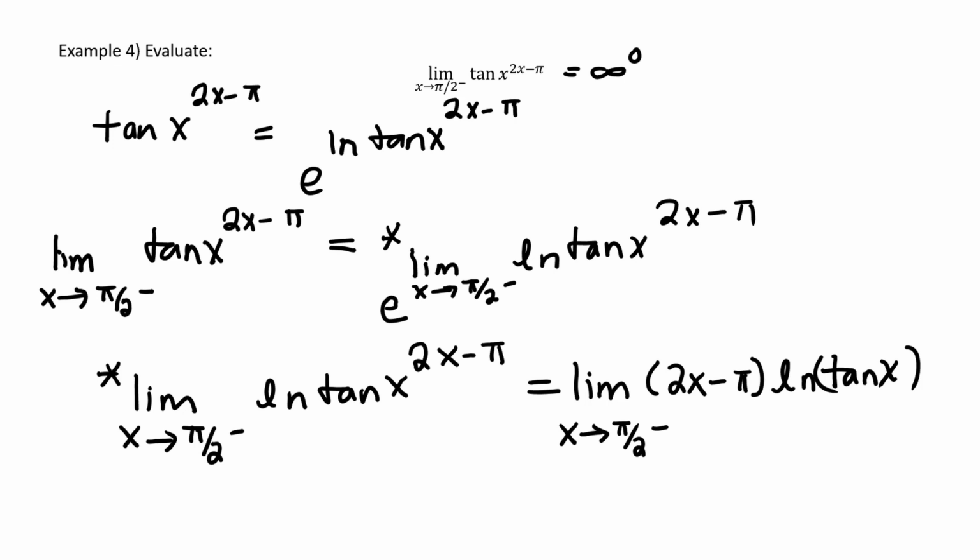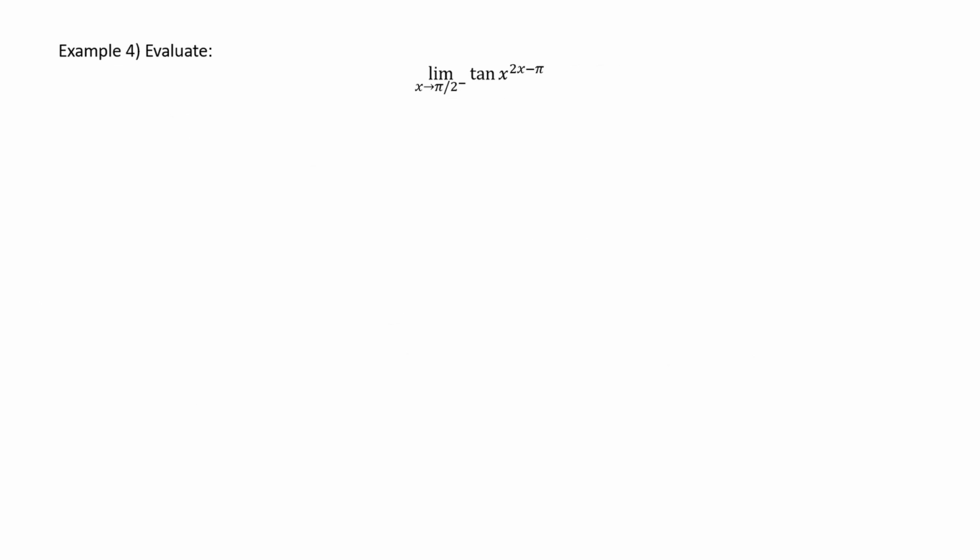We're going to do one more rewriting. So copying from the previous slide, the limit as x approaches pi over 2 from the left of 2x minus pi times the natural log of the tangent of x.